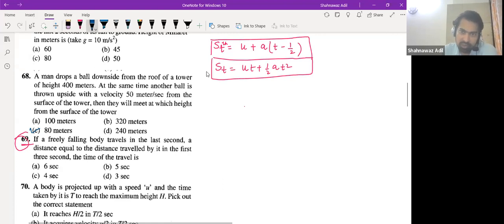These are the two hints that I have given. If a freely falling body travels in the last second a distance equal to the distance traveled by it in the first 3 seconds, those two distances are equal. So please calculate and tell me what time we get. Okay, sir.